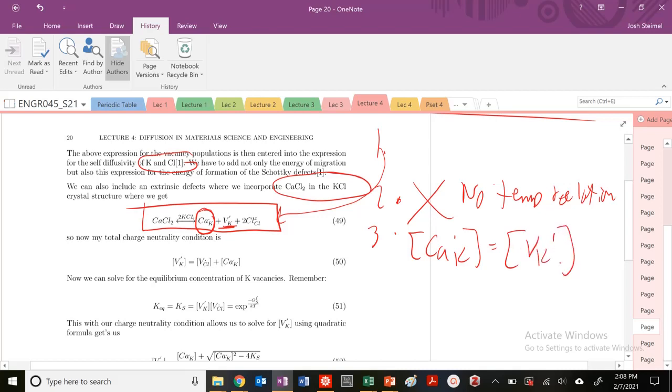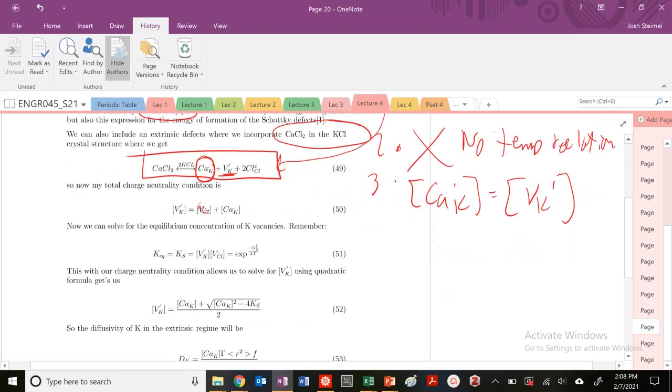That's our expression for here. So again, there's no concentration here. So we can use this and plug it back in and see how it goes as a function of temperature. But we know that this is not going to be a function of temperature.